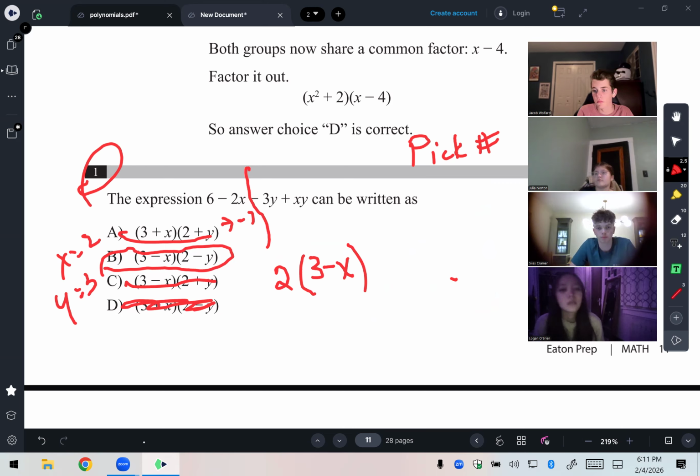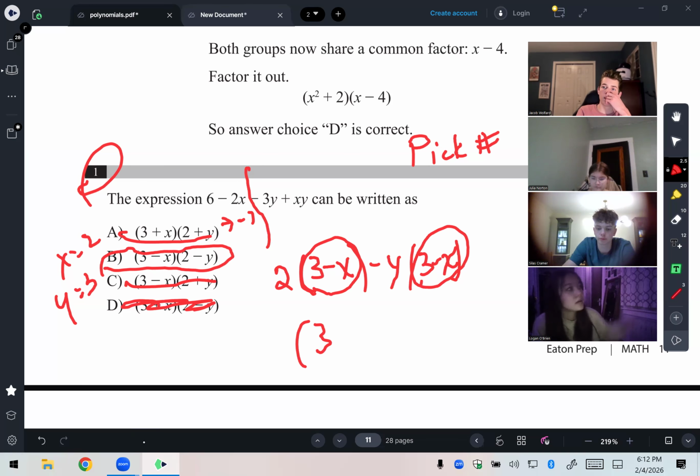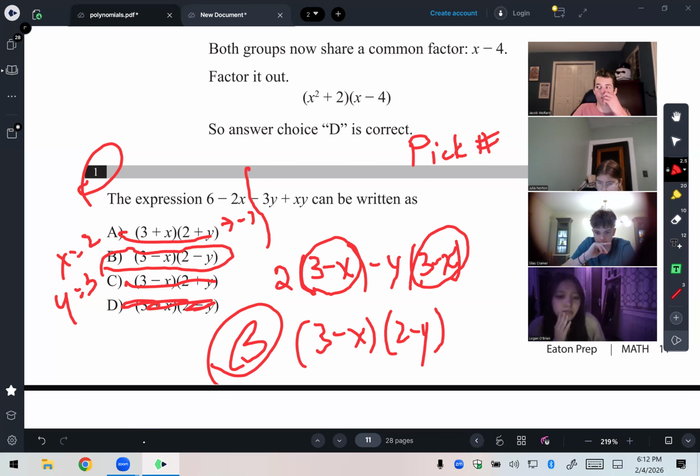And for the next one, I have to factor out a negative y to get the 3 minus x. That's the tricky part. So now I have the same thing twice, the 3 minus x. I can factor that out of everything: 3 minus x, 2 minus y. And I still get the same answer.